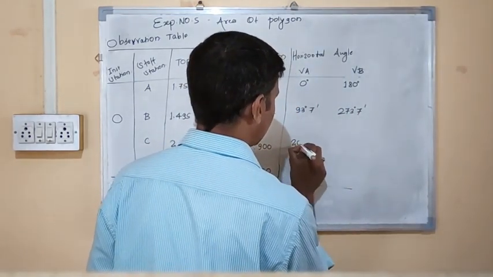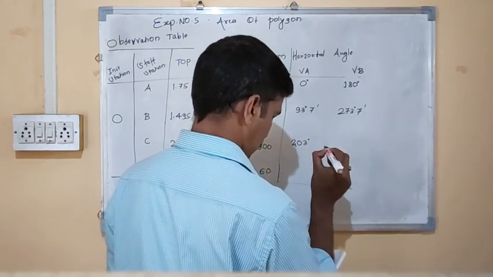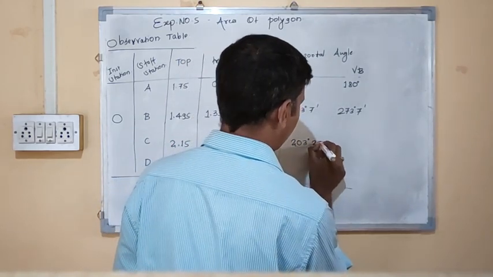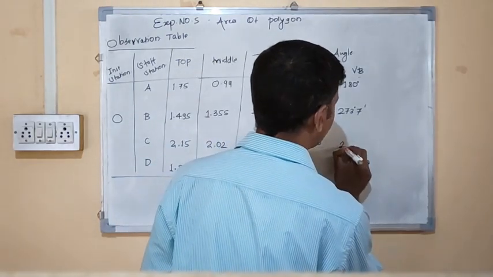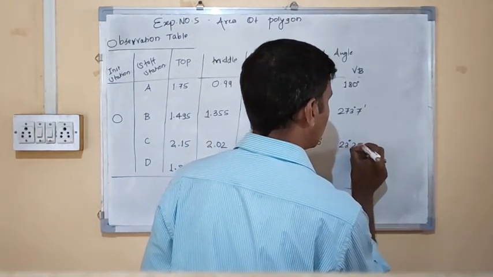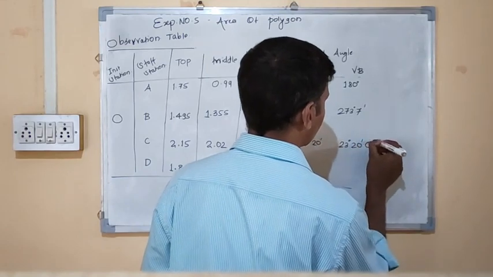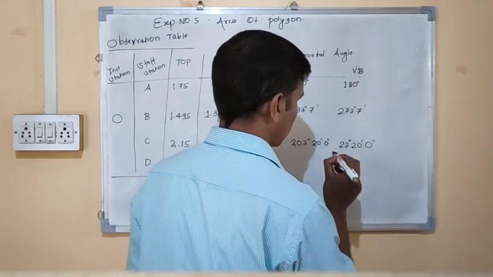Next 203 degrees and 20 minutes, 23 degrees 20 minutes 0 seconds. Here also 0 seconds.